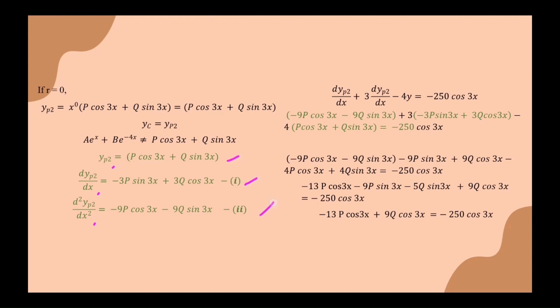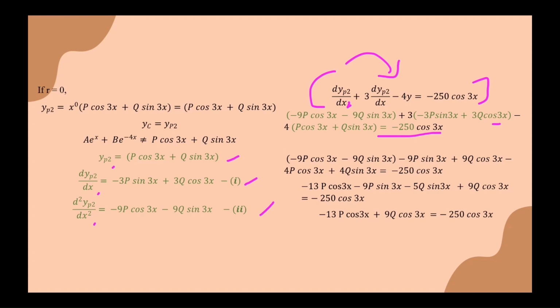substitute all three values into this equation right here. Once you substitute, you'll get negative 9p cos 3x minus 9q sin 3x plus 3 bracket negative 3p sin 3x plus 3q cos 3x minus 4 bracket p cos 3x plus q sin 3x equals 250 cos 3x.